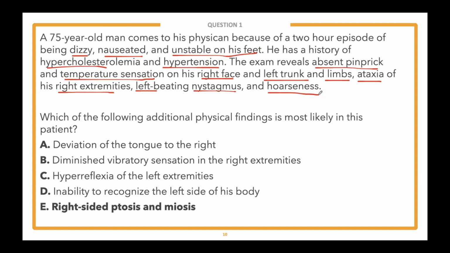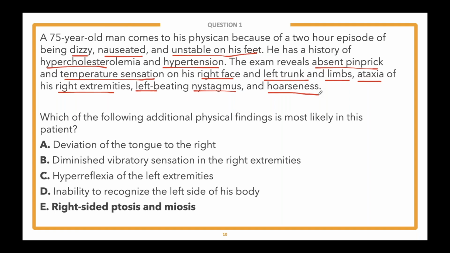Now in this question, they told us at the end that this patient has hoarseness, and that is probably one of our biggest clues, okay? It's definitely one of our biggest clues. And anytime you guys see hoarseness or dysphagia, I want you to immediately think and add lateral medullary syndrome or Wallenberg syndrome to your list of differentials, okay?